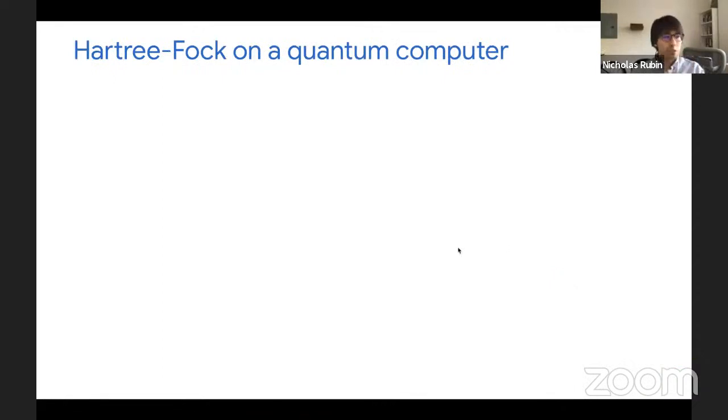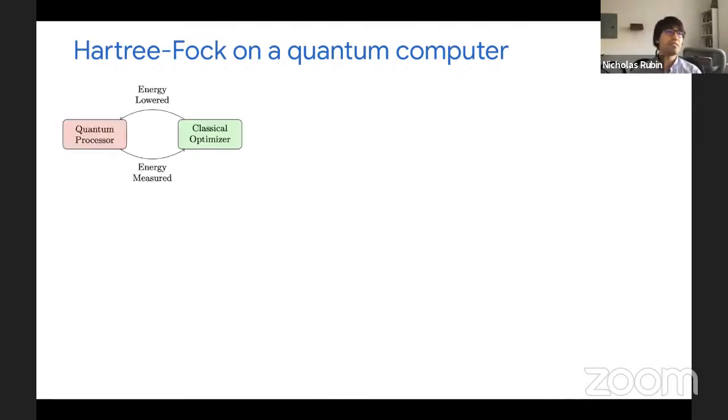So the chemistry experiment that we focus on is the performance limits of the basis rotation primitive and how we can improve that performance with various forms of error mitigation. We study this in the context of VQE, the variational quantum eigensolver, because when you couple this basis rotation with energy minimization, you recover a very well-known electronic structure method, Hartree-Fock.